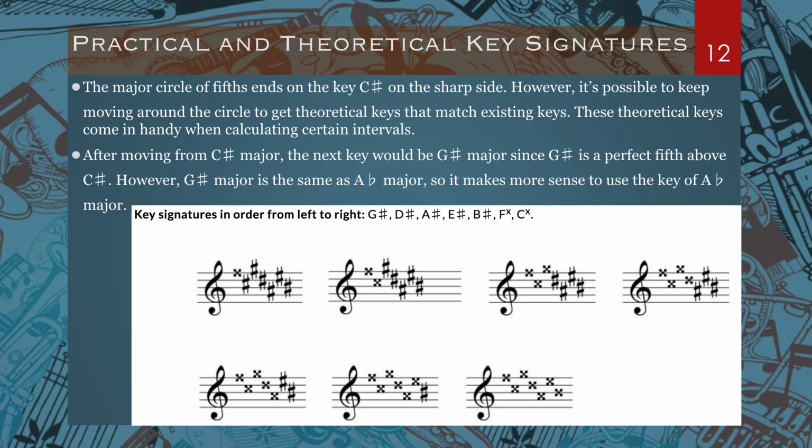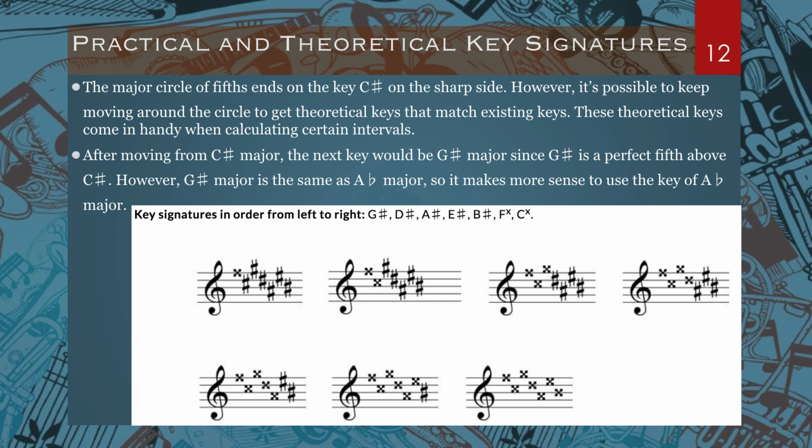So if you want to figure out the next key after C sharp, you'd still have to count up 5 scale degrees and 7 half steps. So a perfect fifth above C sharp is a G sharp, which means that the next key after C sharp would be G sharp. But that key would look like our first example here, with the double sharp on the F line.